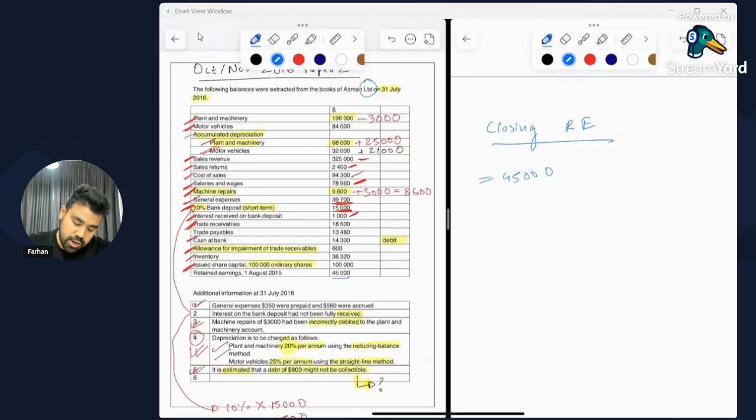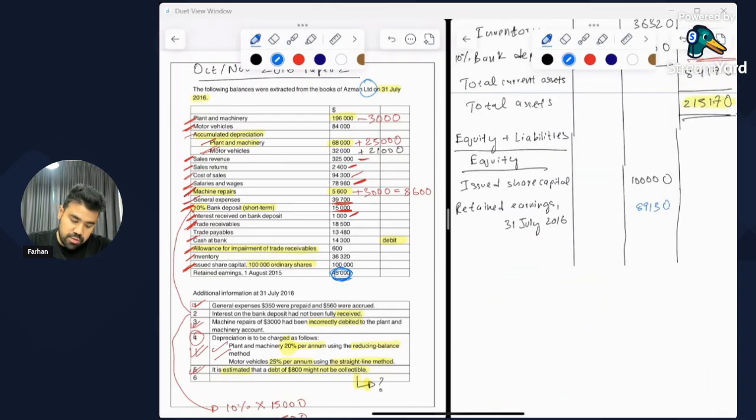So you can see it here, 45,000 plus the profit for the year. You can check the information in the income statement. It was 56,130 minus the dividends that we declared, which is 12,000. Okay, and that gives us a closing retained earnings of 89,130.